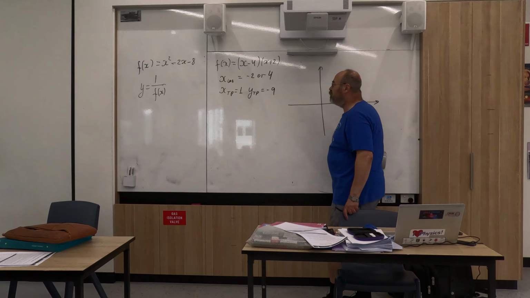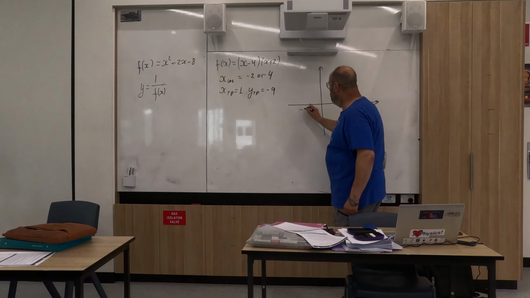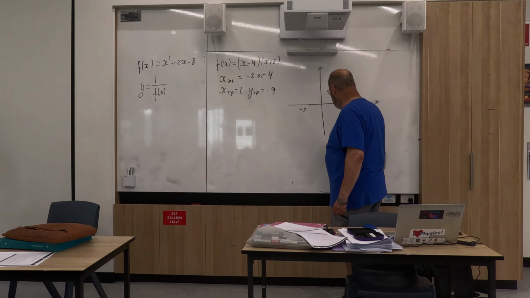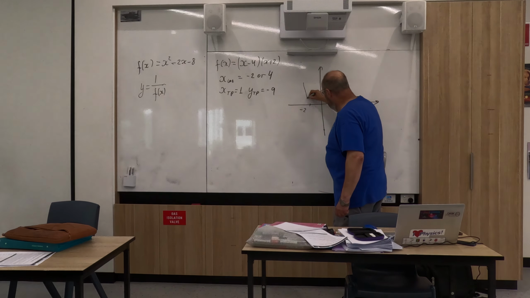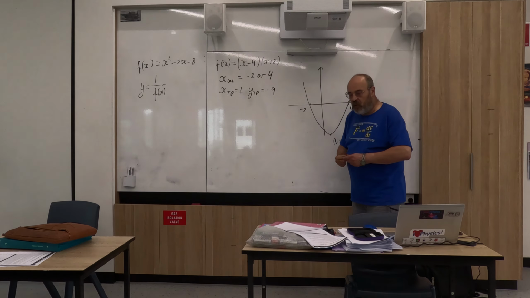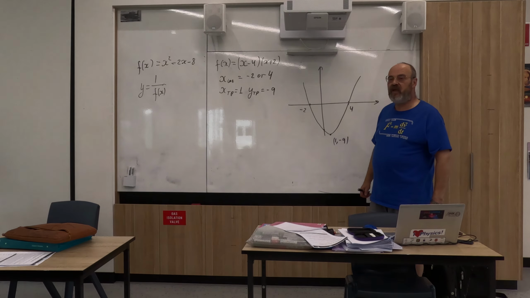Negative 9. So we can sketch this graph. And the y-intercept is obviously negative 8. So we have negative 2, we have 4, we have 1, negative 9, we have negative 8. And that is the graph of f(x). Now, we sketch a graph of 1 over f(x).